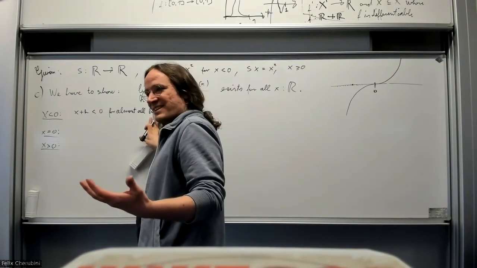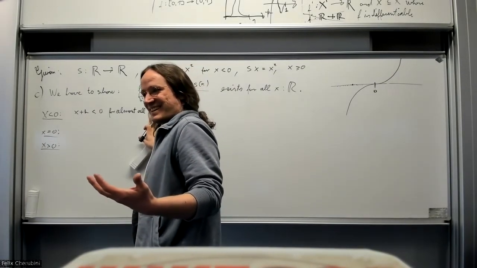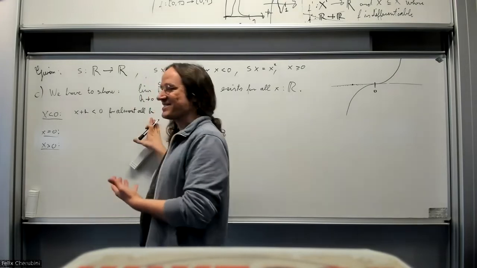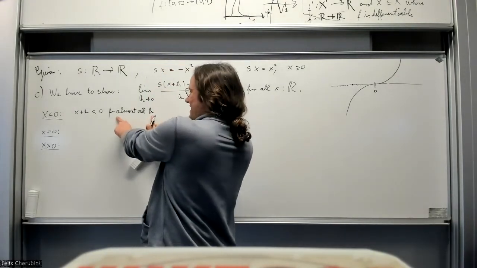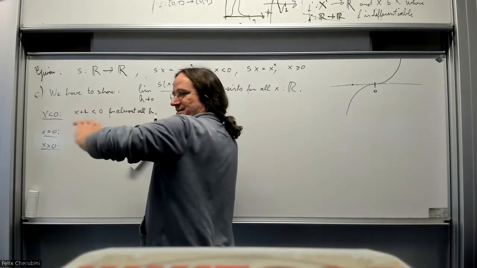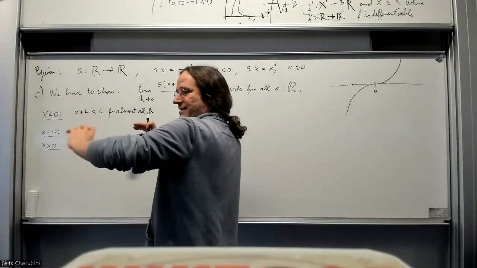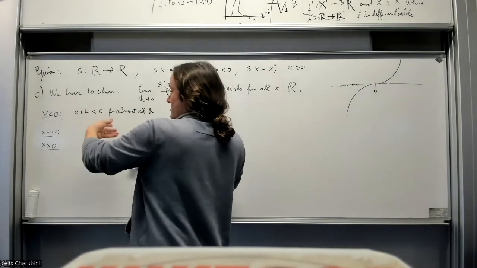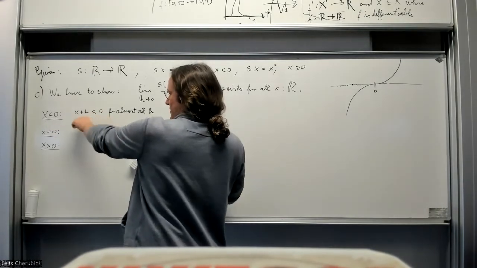If you don't, never heard almost before in a math context? Ah, really? Okay. What it means is that if I have a sequence, at most finitely many will not satisfy this condition.